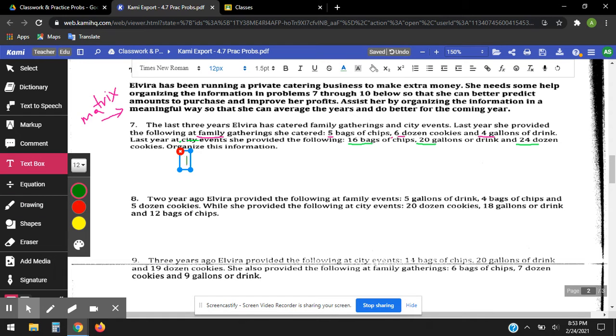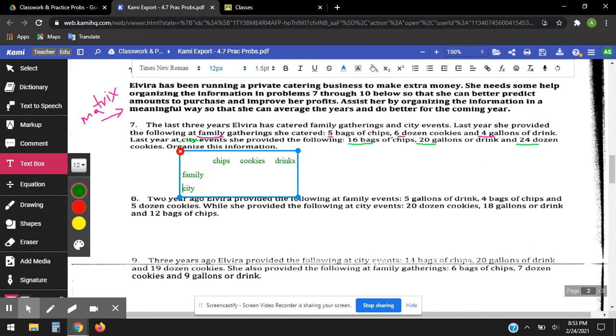So just like we did the other day, we had chips, let's not do any capitals, cookies, and drinks. And then we had a family gathering and a city gathering, right?